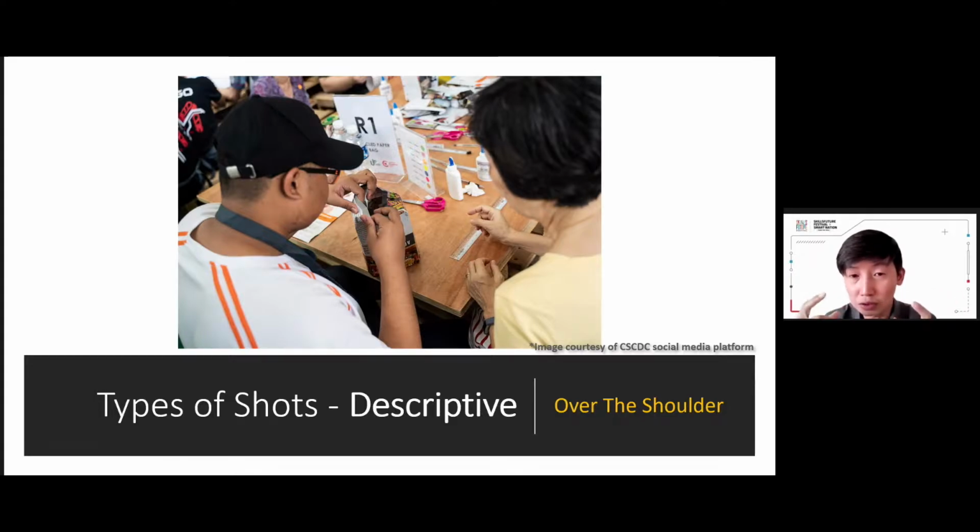So that's why we use the over the shoulder shot to frame it in such a way that when we look at the picture, we will know they are at an event, they are doing some craft work, but we focus more on what craft work they are doing.